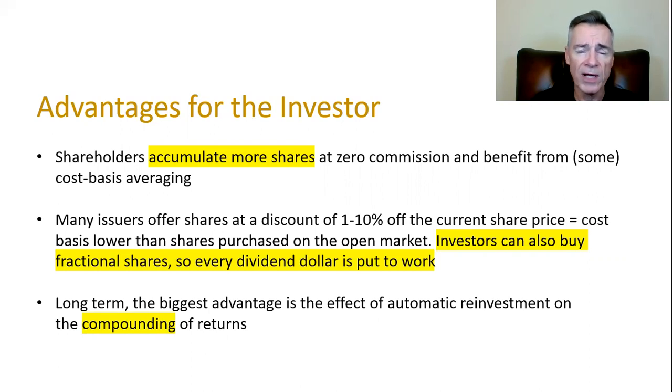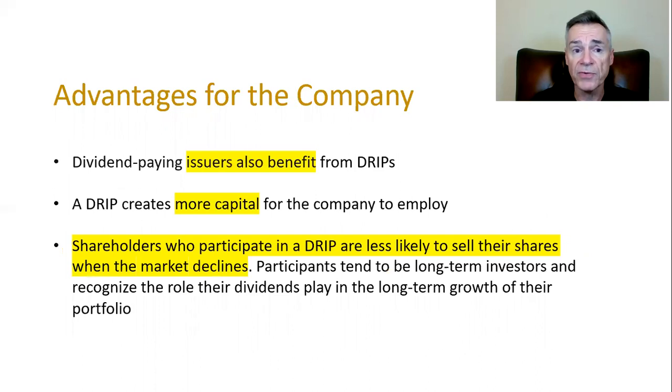And there are many ways in which you can get some guidance and assistance and even advice. I don't offer advice, but you can even get advice from smart people in terms of what you should be invested in over the longer term if you just want to watch your investment grow and grow and grow. But hey, the advantages are not only for the investor, they are also advantages for the company, because dividend issuers always benefit from DRIPs as well.